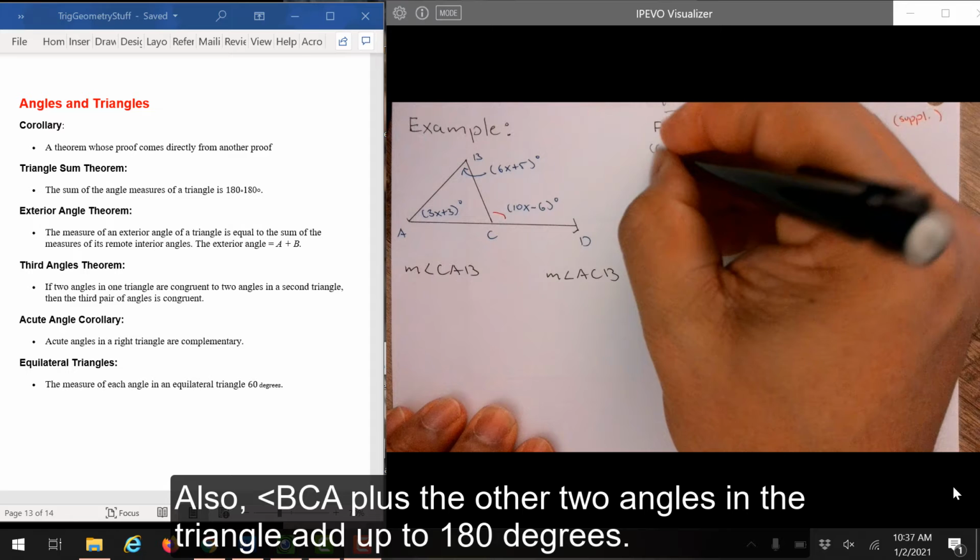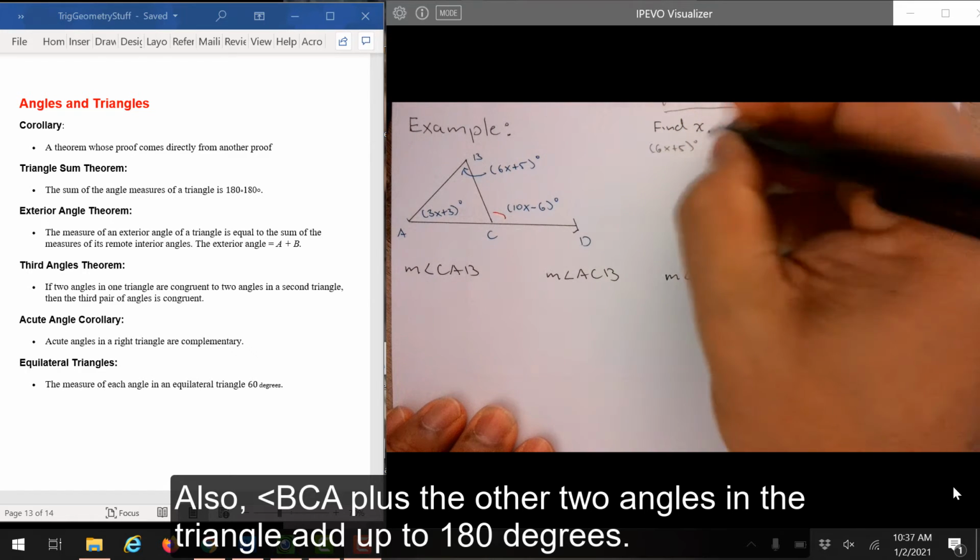Also, angle BCA plus the other two angles in the triangle add up to 180 degrees.